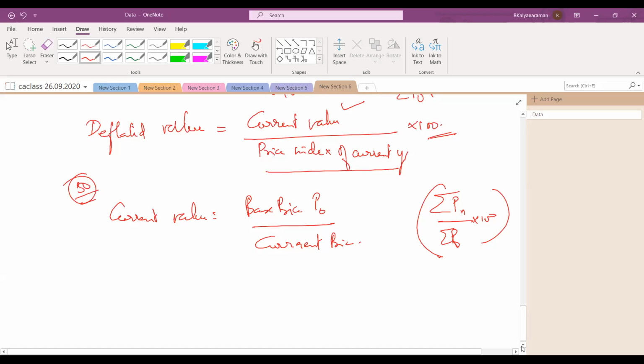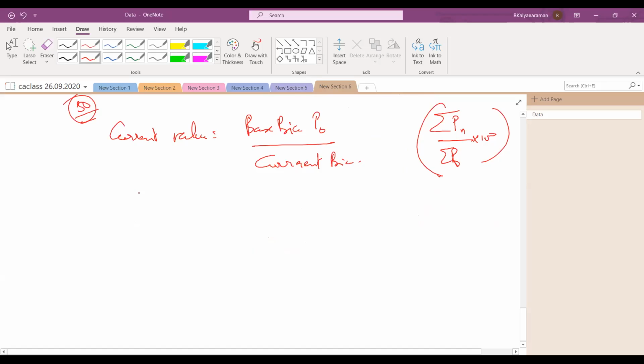There is another concept. Suppose I say 1980 to 1990. I was comparing, and I used 1980 as the base year. Then 1991 to 2000, I used 1991 as the base year. So I am shifting the base year from 1980 to 1991. So how do you find the shifted price index?